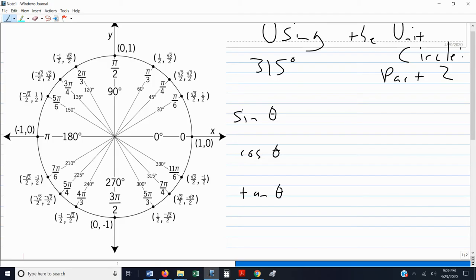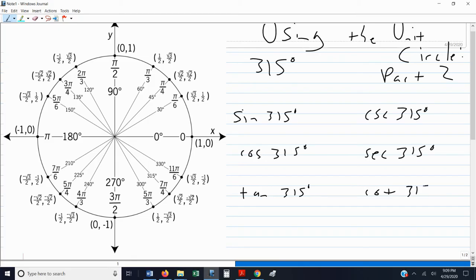And then the reciprocals would be cosecant, secant, and cotangent. I'm going to write 315 degrees. So we're going to look at 315 degrees. And using the unit circle, we're going to give the values of all of these trig functions.